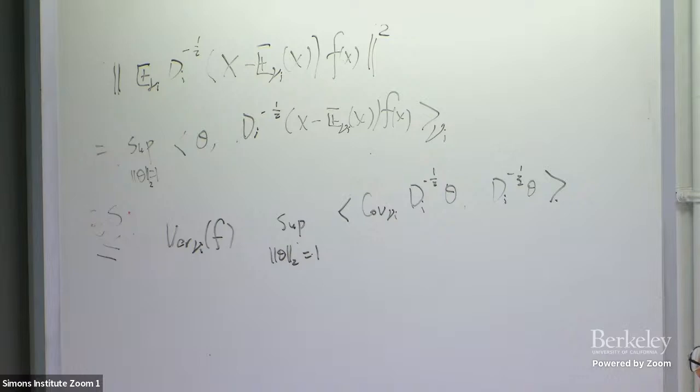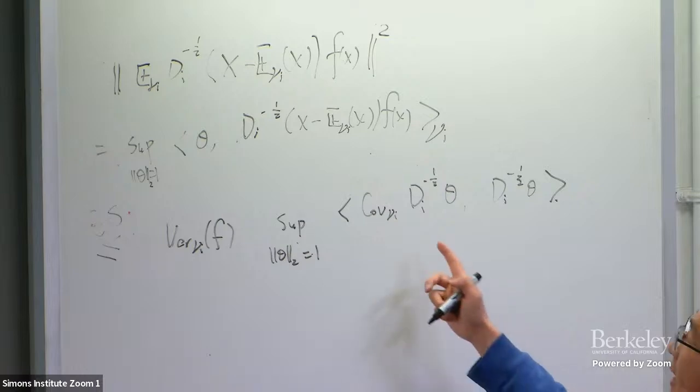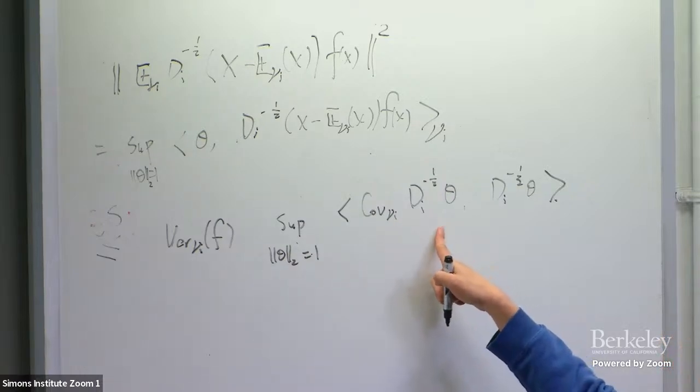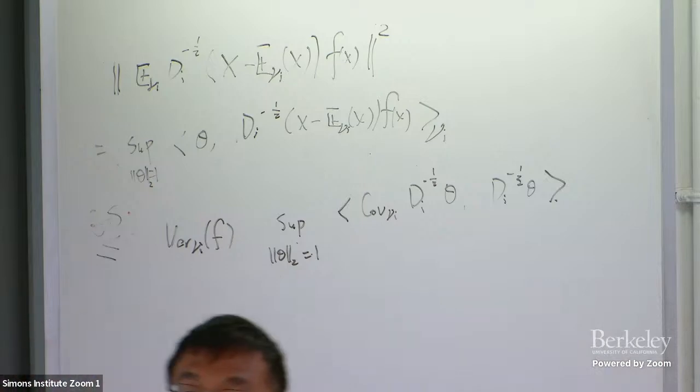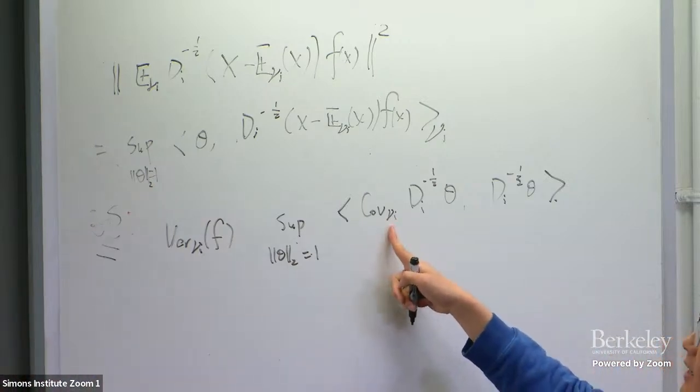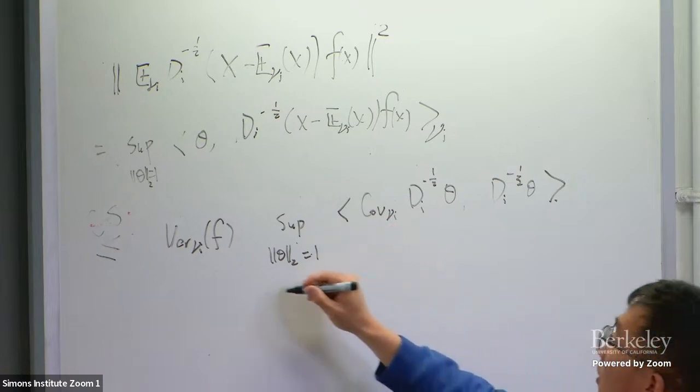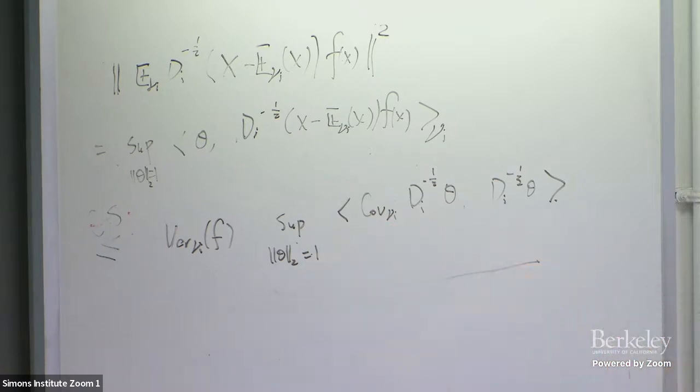Now you can see something that is related to the spectral independence condition, or this variance condition. This variance condition for all the pinnings of the measure mu i will ensure you are able to bound this quantity.